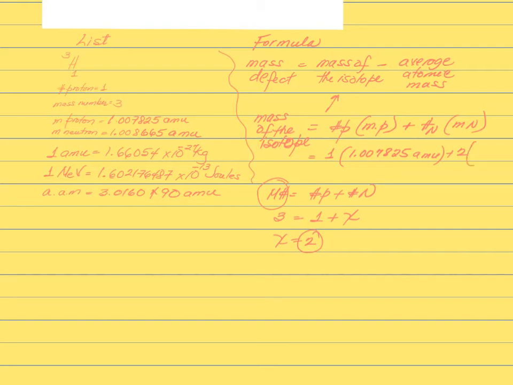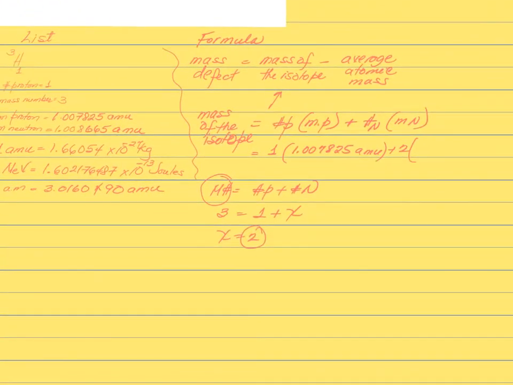So you're going to multiply that by 1.008665 AMU. And once you have that, let me put that over here. Mass defect. Let me use my calculator. I multiplied 2 by that number, then I added this number, and this is the mass of my isotope.